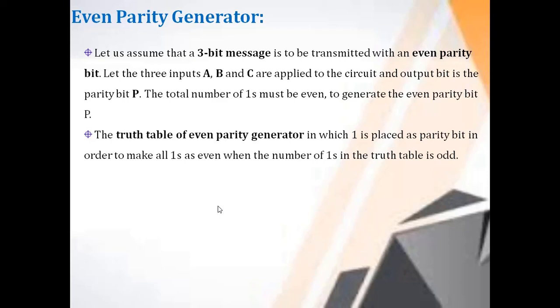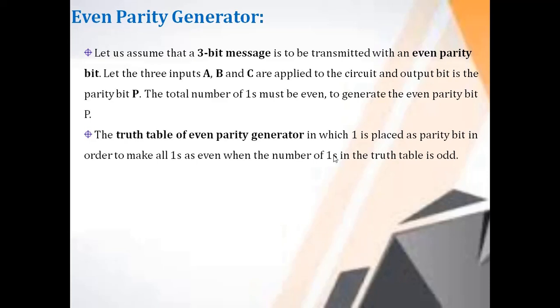If the transmitter uses an even parity bit, he or she sends a 4-bit message, because it is the original message along with the even parity bit.